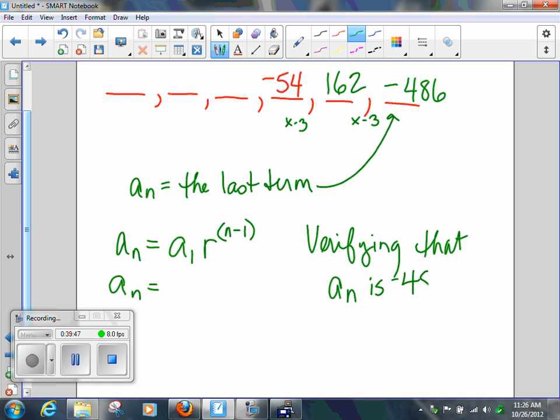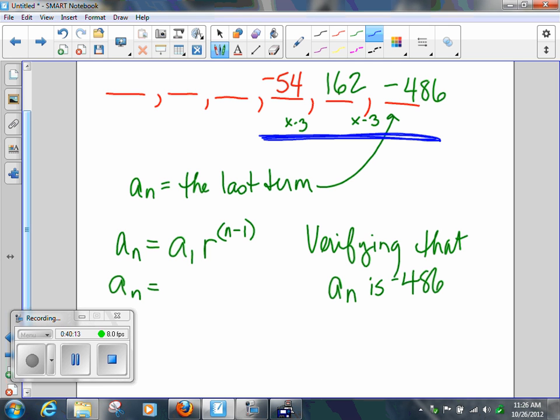Well, do we have a first term? Well, we're just going to use our brain a little bit. Could we just focus on that right there to verify?